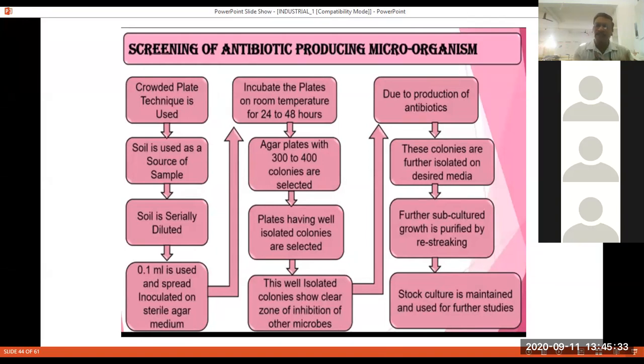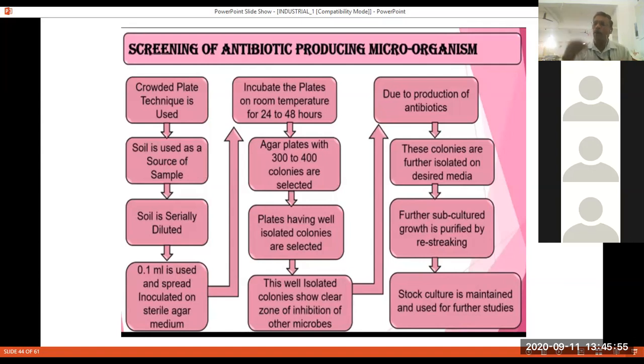Once you dilute the sample in a cascade fashion, we call that the serial dilution method. Now from a dilution tube, you use only 0.1 ml of inoculum. I'm using the word inoculum, right? It contains a large number of microorganisms.